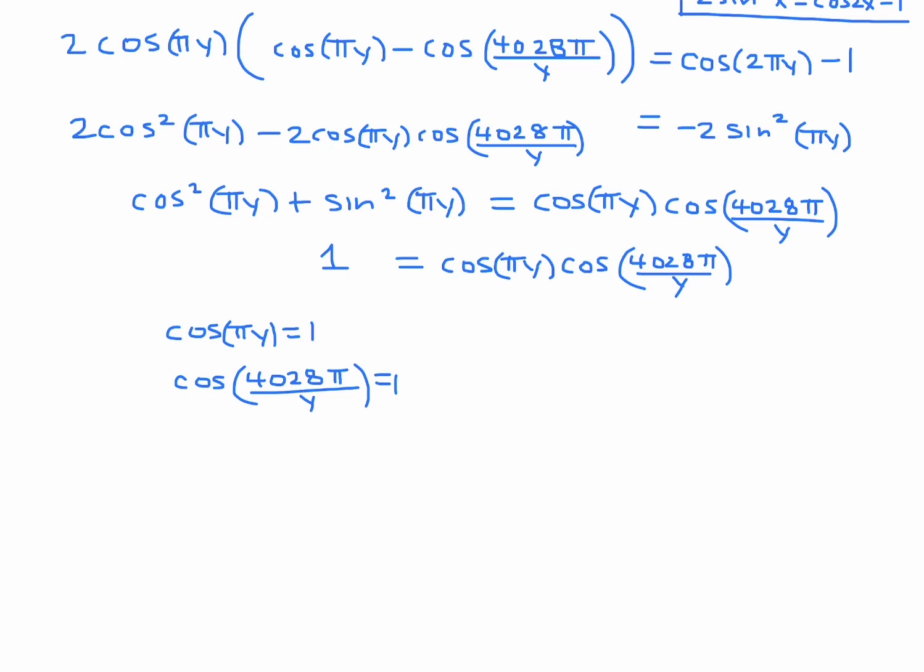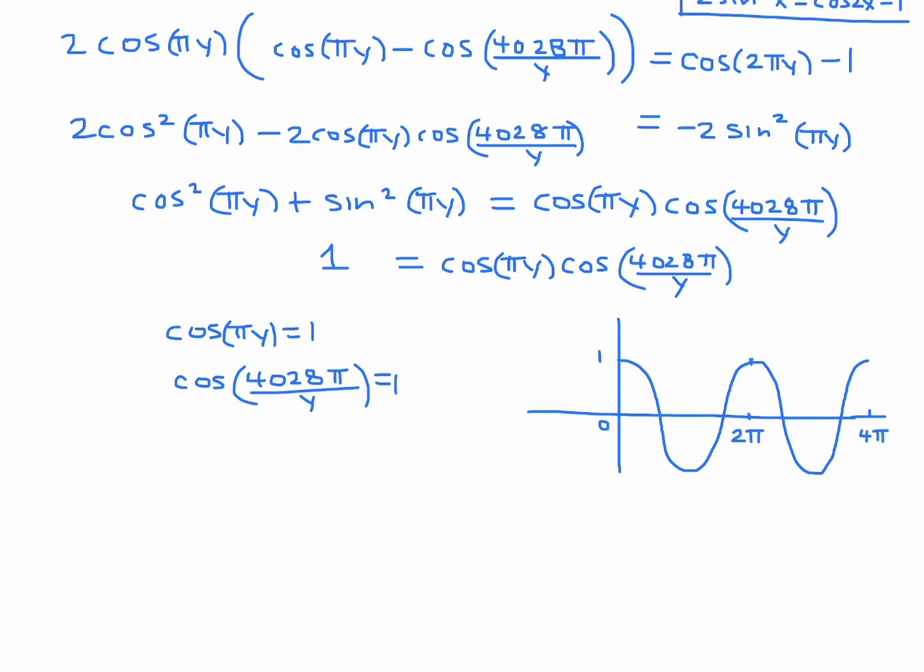So if you guys remember that cos graph, it's basically going back and forth like that, right? And we want to know, when is it 1? Well, it's 1 here at 0, it's 1 here at 360, so 2 pi. And then it's again going to be 1 here, which is 4 pi.